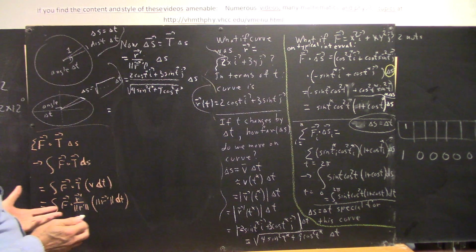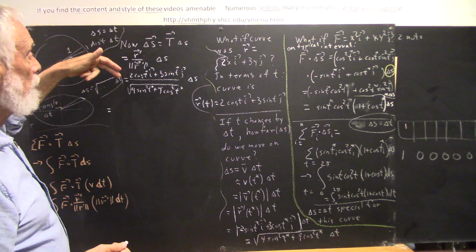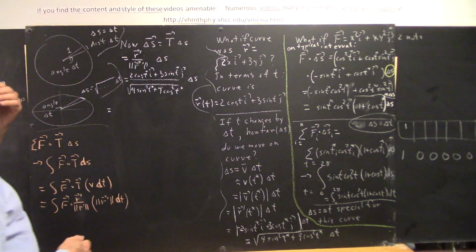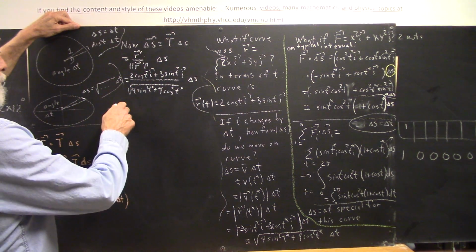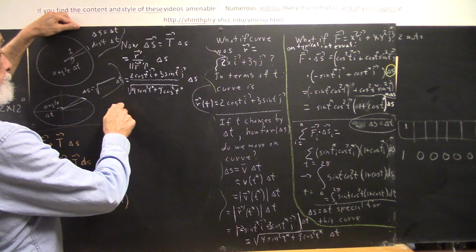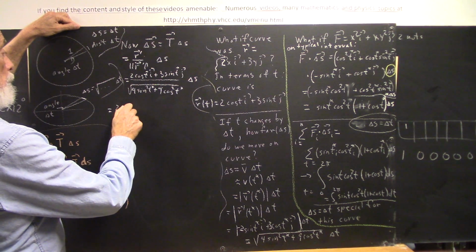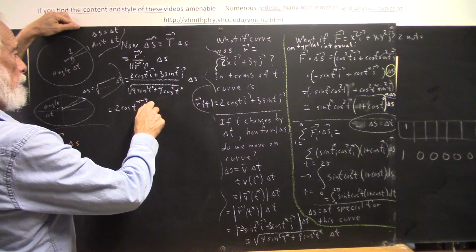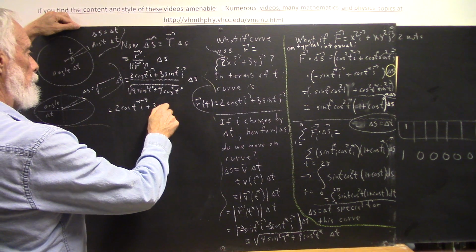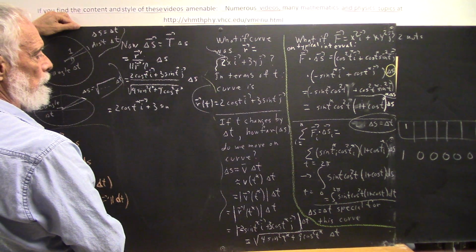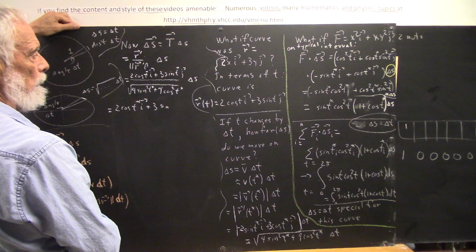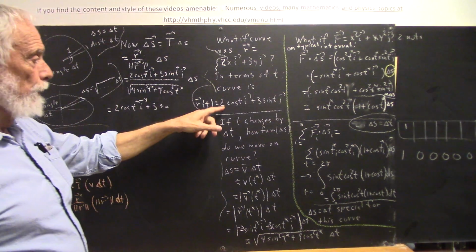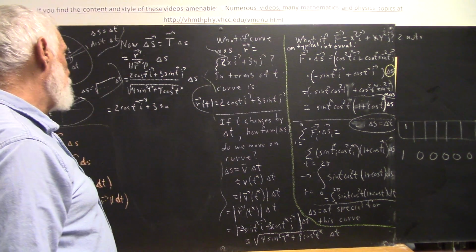Well, what is the result of multiplying our unit tangent vector by our delta s? It's simply that we end up with the vector 2 cosine t star i plus 3 ... I didn't do my derivative here correctly, did I? I just wrote this down, looking at this out of the corner of my eye.